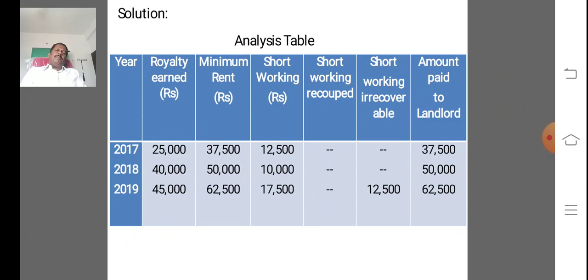So first we prepare analysis of royalty table. So year column, royalty earned, minimum rent, short workings recouped, short workings irrecoverable, and amount paid to landlord.